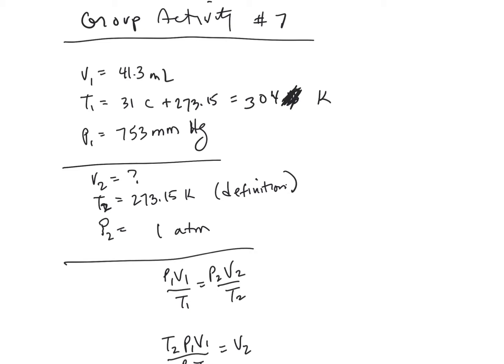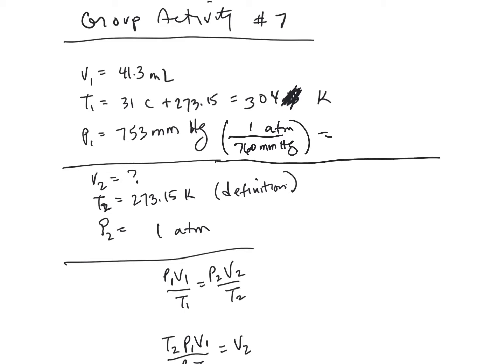Okay, then you have pressure. P2 is in atmospheres, P1 is in millimeters. Convert this one to atmospheres. You can do it either way, but it doesn't really matter. So you want to say that there's 760 millimeters of mercury for every 1 atmosphere. So basically you divide that number by 760, right?